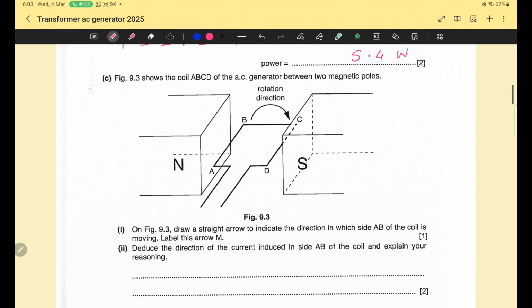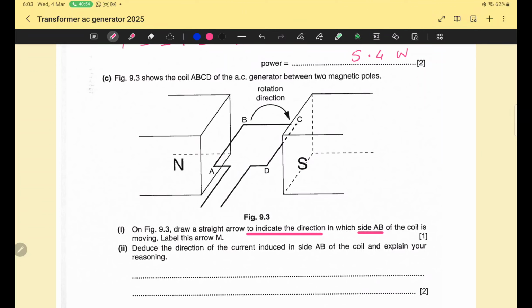Okay. And now again the coil is turning. Draw a straight arrow to indicate the direction in which side AB of the coil is moving. So the question is, right now side AB is turning, and if side AB is turning, then draw a straight arrow to indicate in which direction side AB is moving.